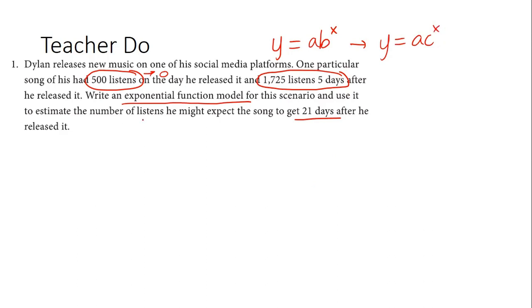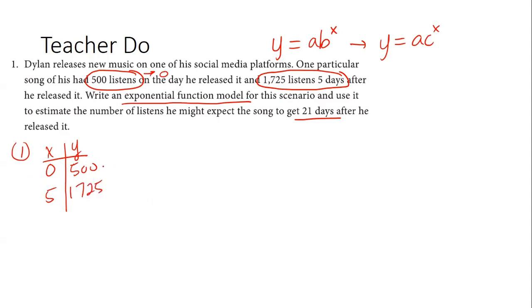All right, cool. What is a again? a is going to be 500 because a is always your initial value at 0, right? So first thing we're going to do is make our table to identify our x's and our y's. So at 0, we have 500. Then at 5, we have 1,725. Agree?